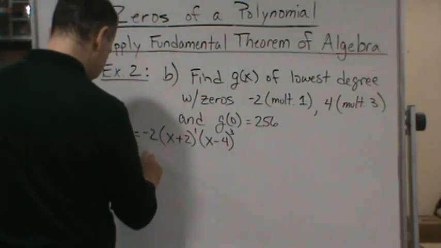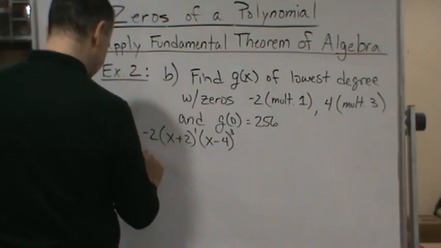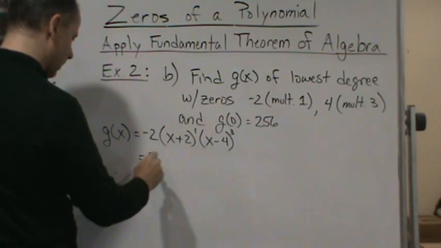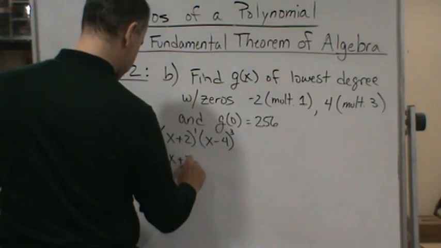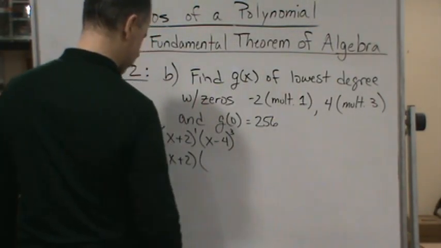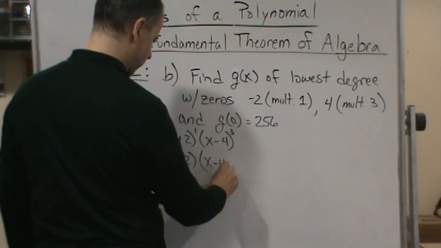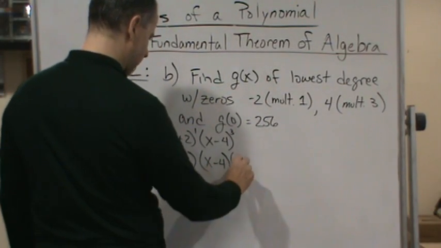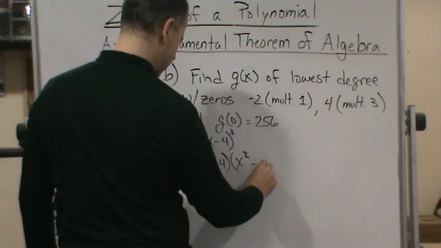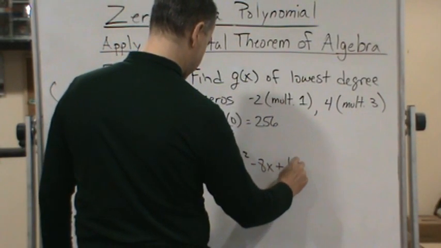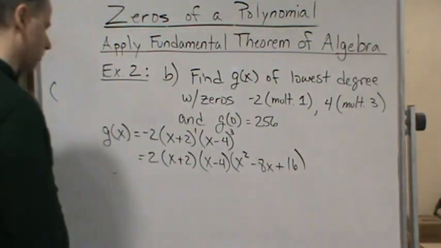Okay. So this is going to be -2 times x plus 2, and this is going to be x minus 4 times x squared minus 8x plus 16.